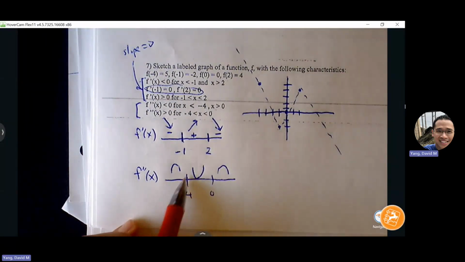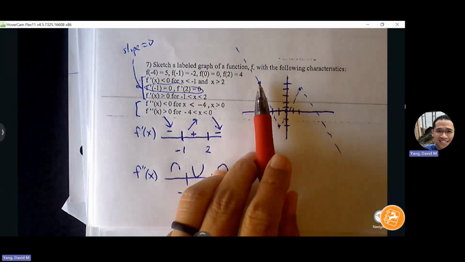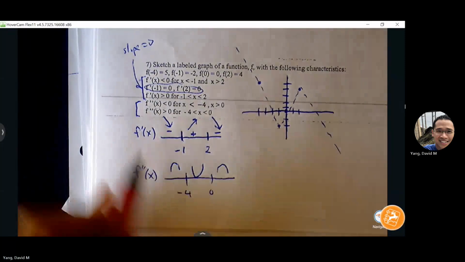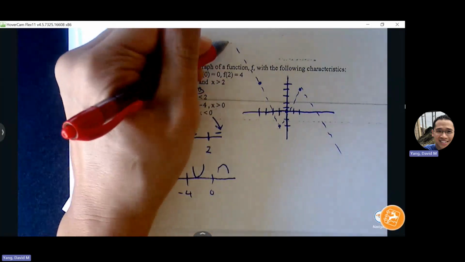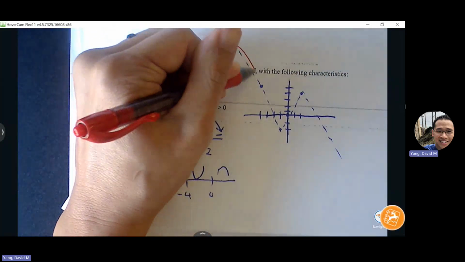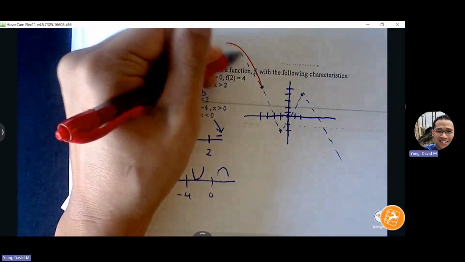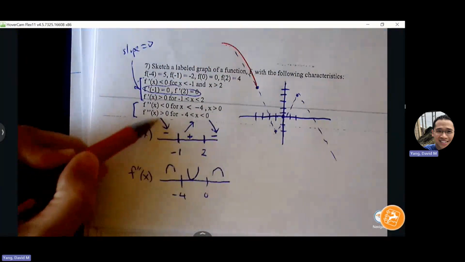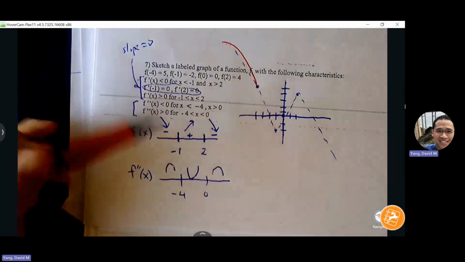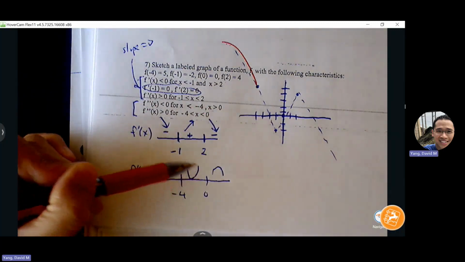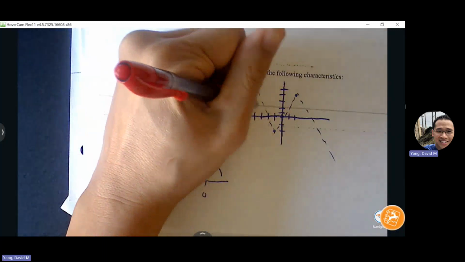How do we want the graph to look up until -4? Concave down, but it's got to maintain this decreasing. It's got to be decreasing the whole way through because we've established what our slope is going to be. But then from here, we're going to change over to what? Concave up to 0.